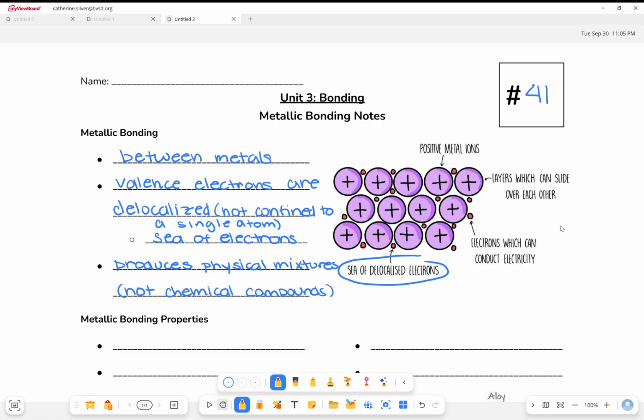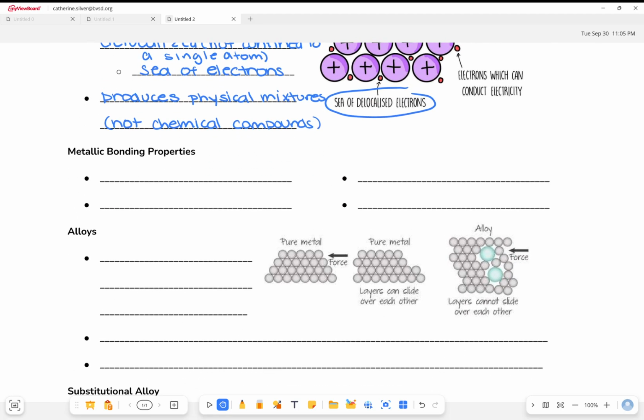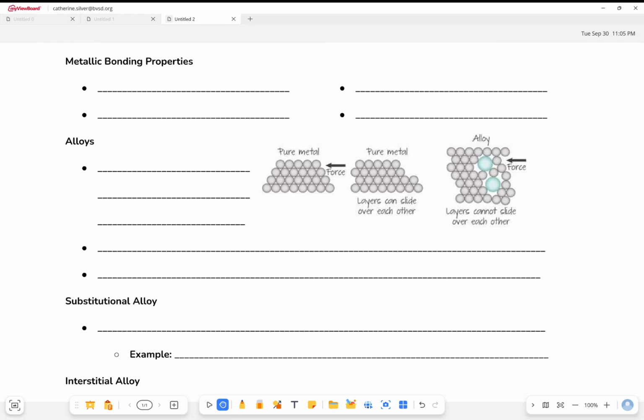We're producing mixtures, not compounds. And so what we can see is when we have a pure metal, the layers can kind of slide over each other. Later on, we're going to look at some examples of something called an alloy, where you can't slide on top of each other. So let's move on to metallic bonding properties.